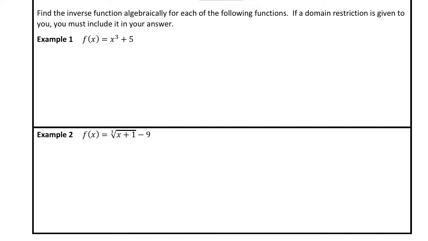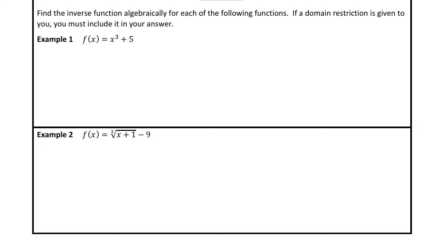The first two don't have a domain restriction, but examples 3 and 4 will have a domain restriction, and you'll see what that looks like when we get there. So example 1, we have a cubic. We're going to follow kind of the same steps as the last notes.